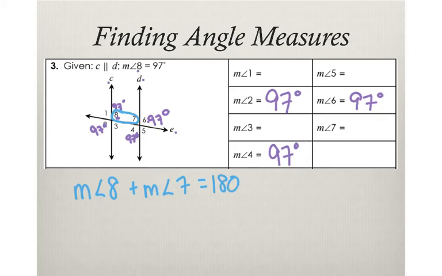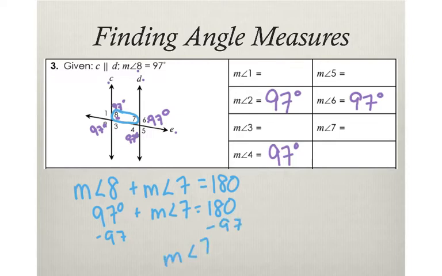Well, if angle 8 is 97 degrees, angle 7, I don't know. I'm just now going to have to solve a simple basic algebraic equation. So subtracting 97, you get the measure of angle 7 to equal 83 degrees. Okay, so that means the measure of angle 7 is 83 degrees.